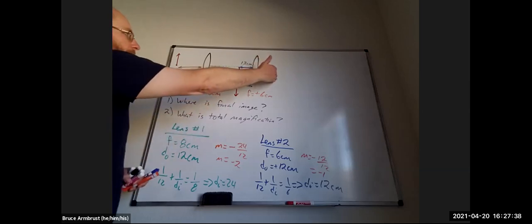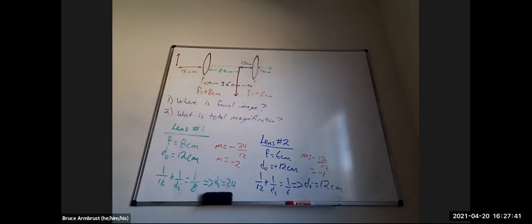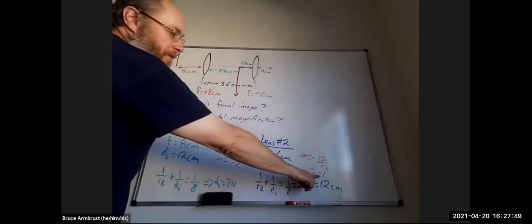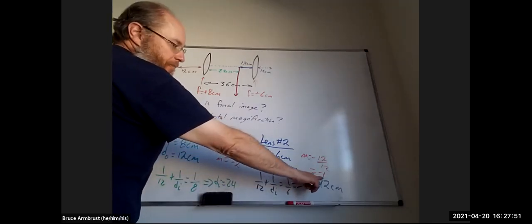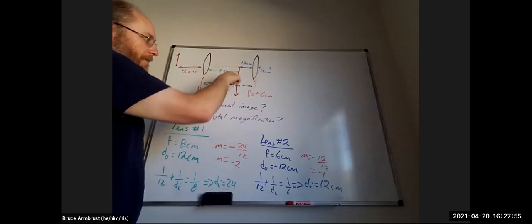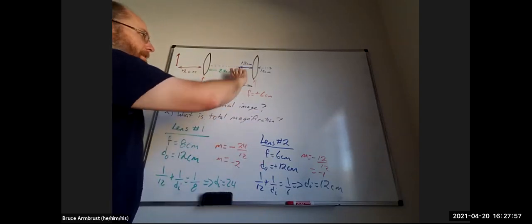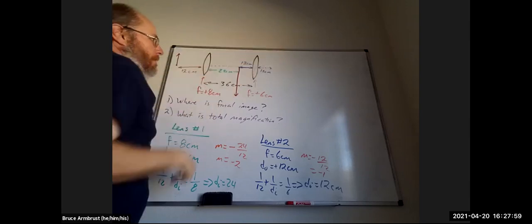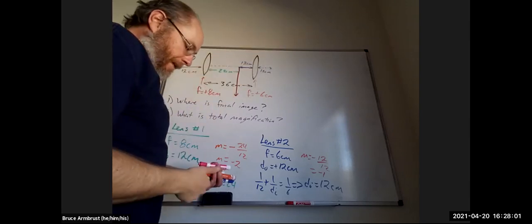So what are we going to see on the other side? Upside down. Okay, so it has to flip over again, because of the negative, but the same length. So this object, which was the image from the first one, is going to get flipped over, but the same height as it was here.